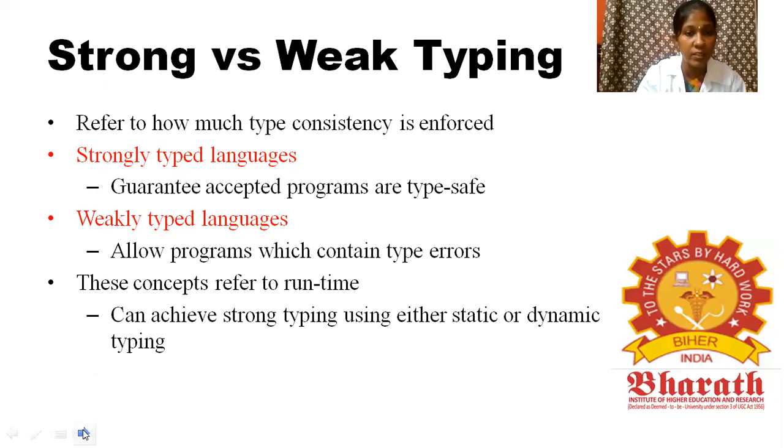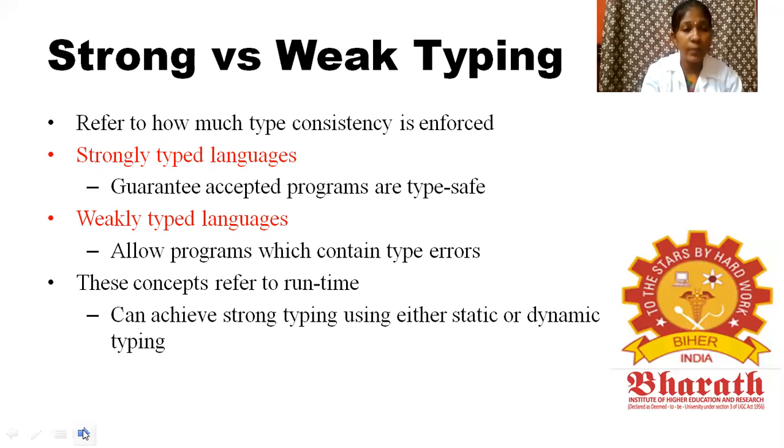Strongly typed languages are always type safe, with guaranteed accepted programs, but weakly typed languages are prone to errors. These concepts always refer to runtime, that is, the execution time. They can achieve strong typing using either static or dynamic typing.